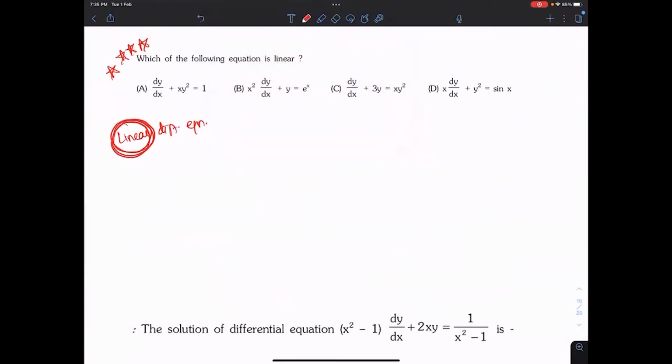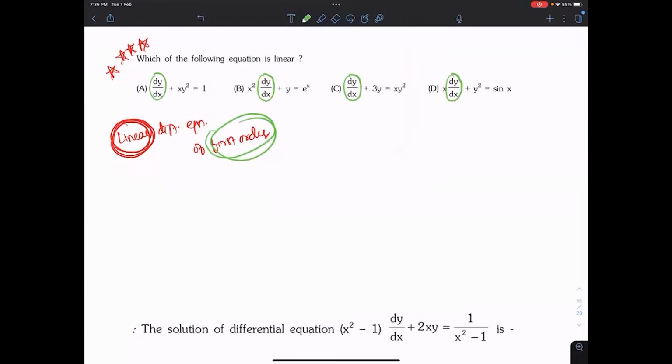That means linear differential equation of first order. You all know what is first order. The order of the equation is 1, that is dy by dx, dy by dx, dy by dx, first order only. All are first orders.